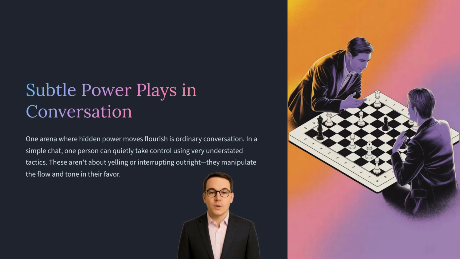One arena where hidden power moves flourish is ordinary conversation. In a simple chat, one person can quietly take control or elevate themselves using very understated tactics. These aren't about yelling or interrupting outright, which are obvious power moves. Instead, they manipulate the flow and tone of the conversation in their favor. Here are several subtle conversational power plays to watch for.